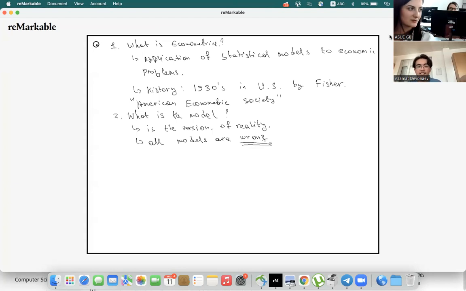This is the fundamental feature of modeling. All models are some version of reality, and they are wrong. A model is true until it is proven wrong. Newton was right until the beginning of the 20th century, but then Einstein came and changed it.